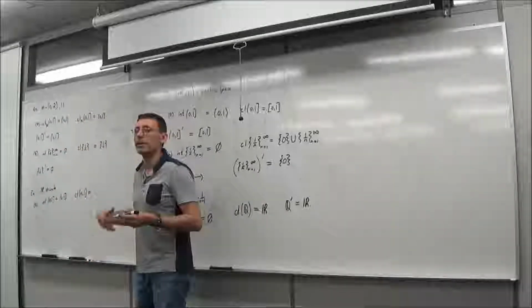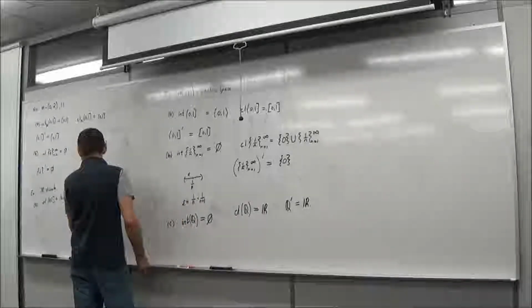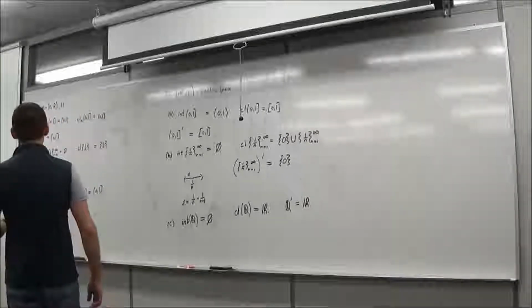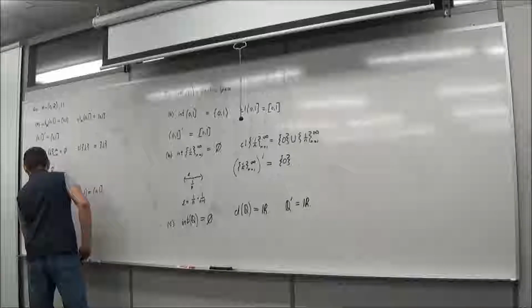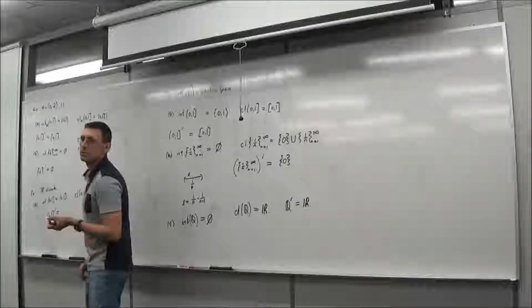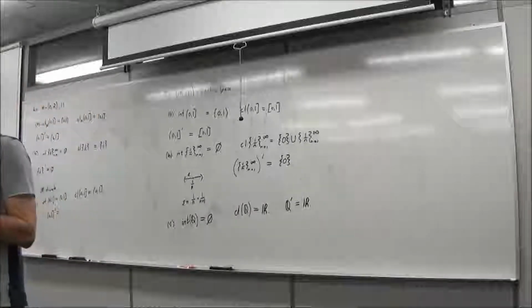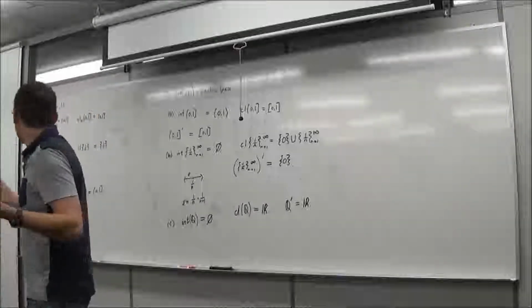Every set is open, therefore every set is closed. Same. What's the set of limit points? What's the set of limit points? Sorry? None. It cannot have any limit points.